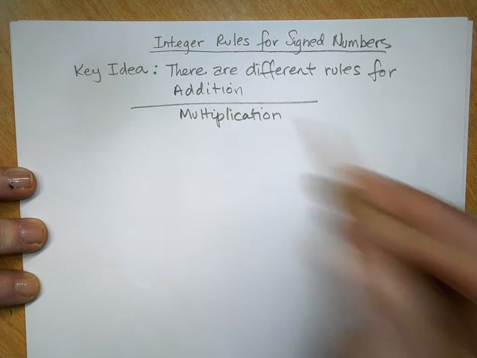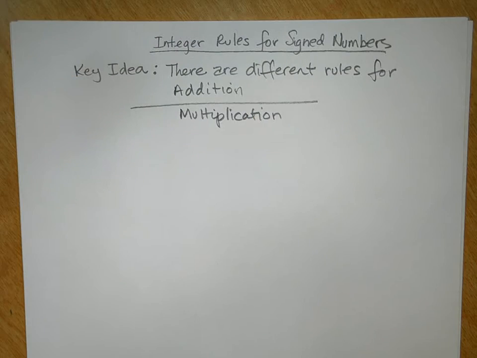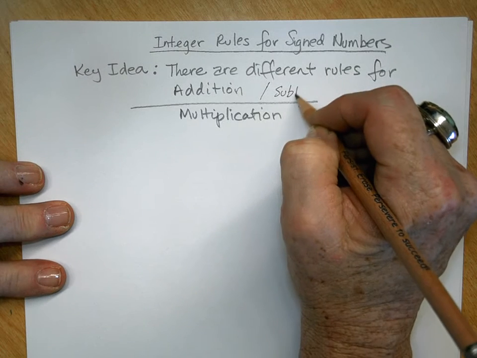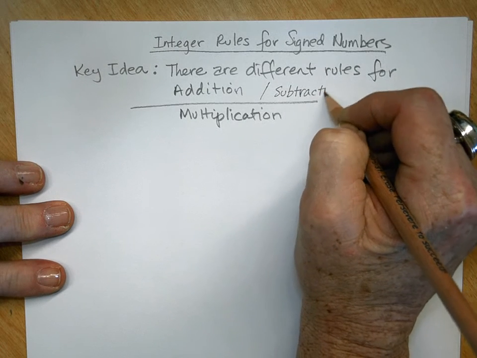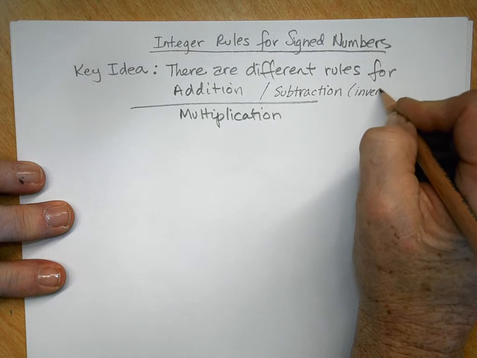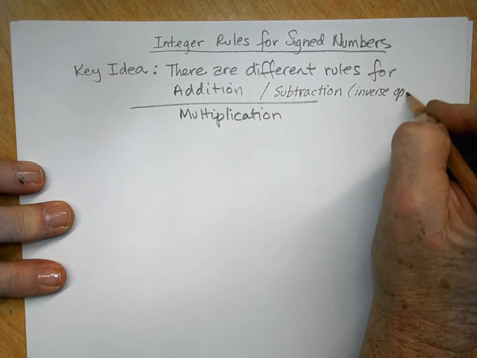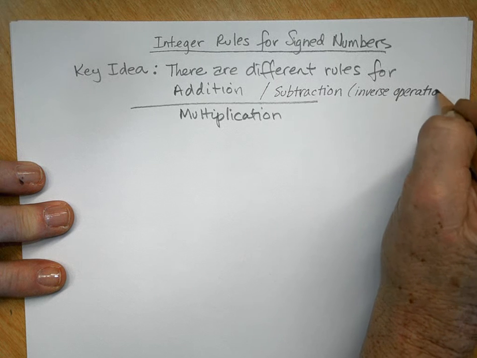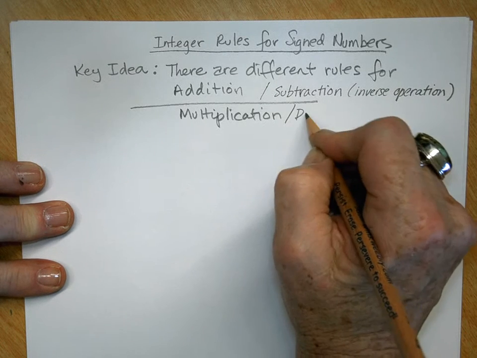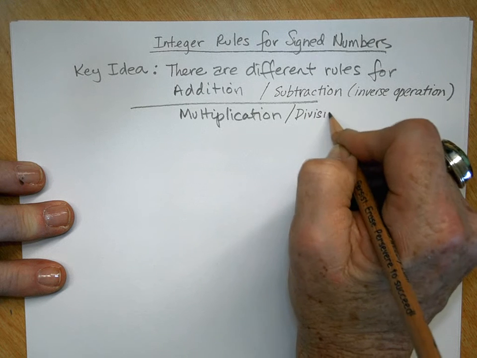You might ask, what happened to subtraction? What happened to division? Subtraction is a special case of addition because it's an inverse operation. In the same way, division is a special case of multiplication.